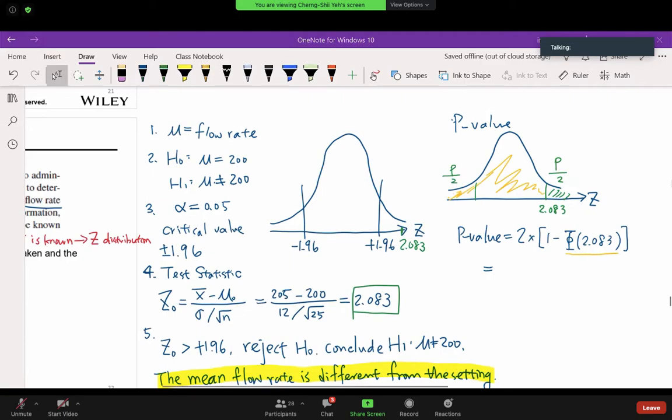Okay, I did a calculation real quick in Excel, and that p-value is 0.0372.